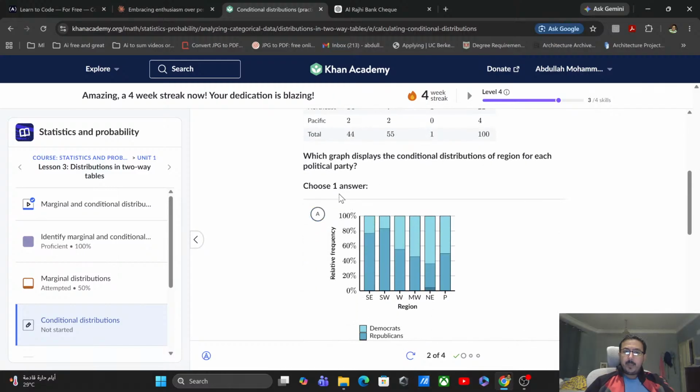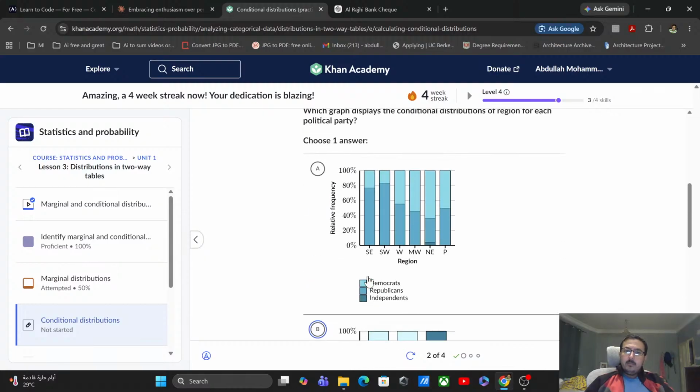Okay. Which graph displays the conditional distribution of region for each political party? Region. Democrats, Republican, Independents. I don't see the third color.